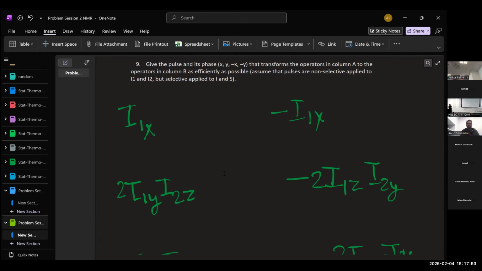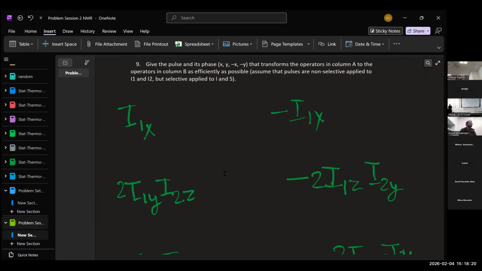So the first one, the rules of the game: hard pulses for a given nucleus I and/or S, but selective with regard to I and S. So you apply a pulse on I, you excite I1, I2, I3, all of those spins. You apply a pulse on S, you excite all S spins.